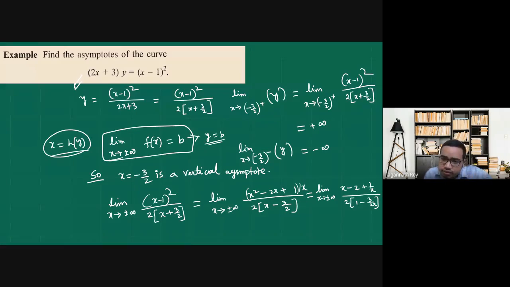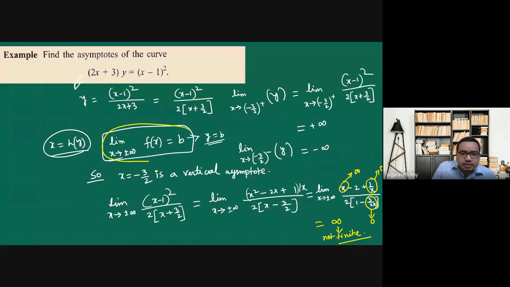As x tends to infinity, these two terms will go to 0, but x is already there, so it will become infinity. This is not a finite number, so we are not able to satisfy this equation.